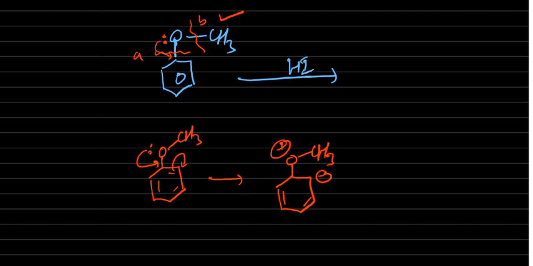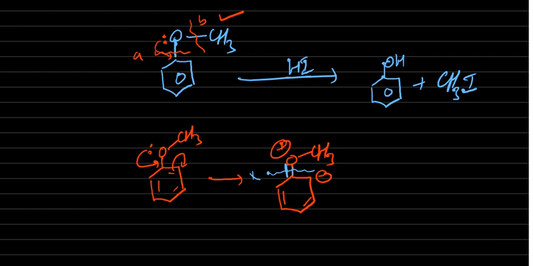So between oxygen and benzene ring there is a double bond, and due to this double bond, breakage is very difficult. That's why bond cleavage takes place at the B position. So the product is phenol plus methyl iodide.